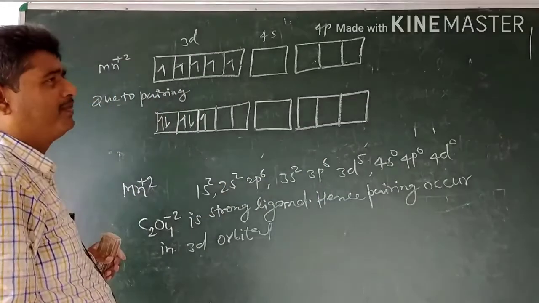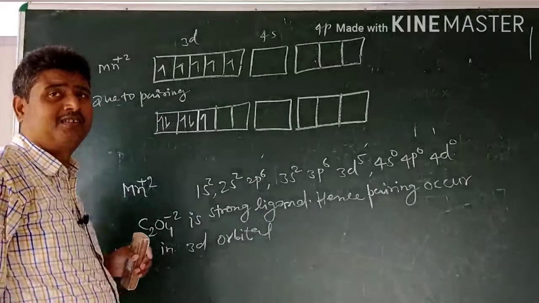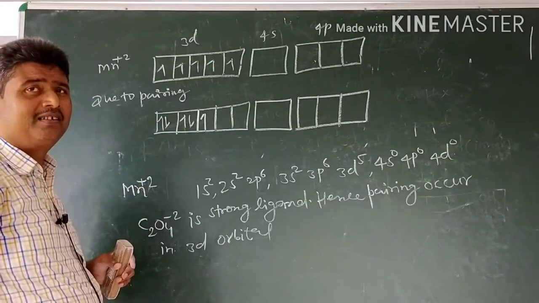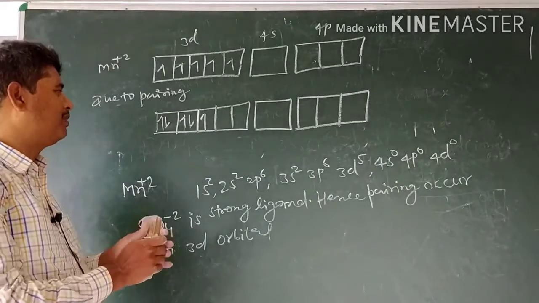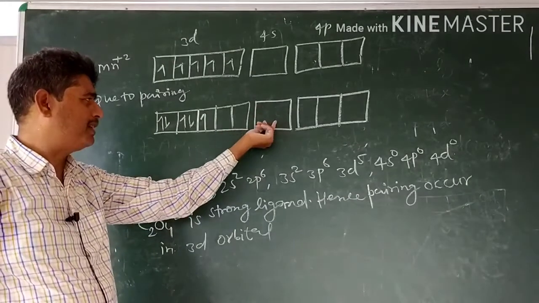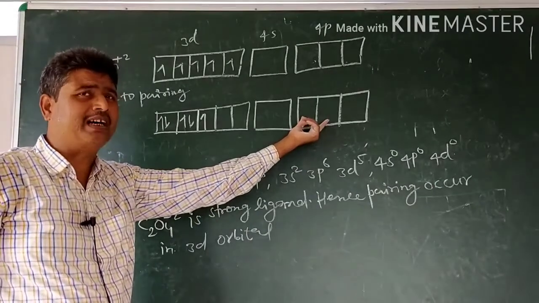Being coordination number 6, we will require 6 vacant hybrid orbitals. For this, we will take 2 vacant from 3d, 1 vacant s orbital and 3 vacant p orbitals.